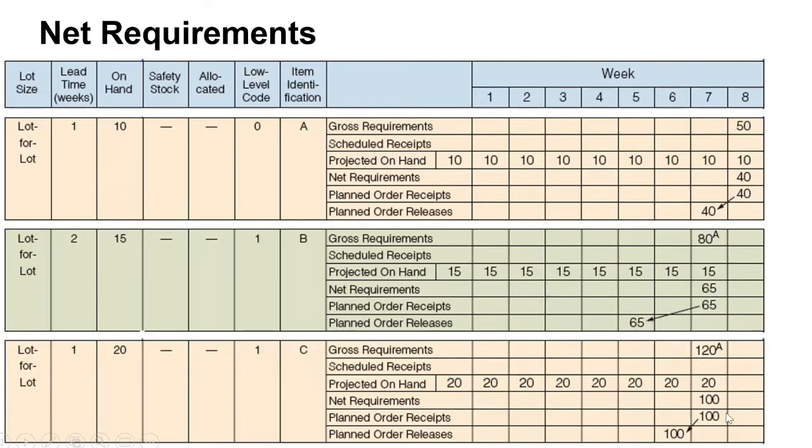Reduction of 65, and then for C it is only 120. We have 20 on stock. Okay, and the net requirement is 100, and it will be plan release on week 6. Okay, week 6, right?